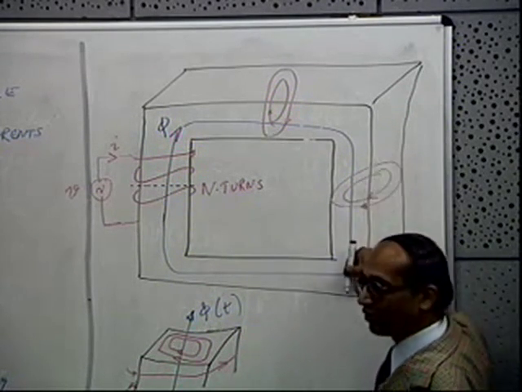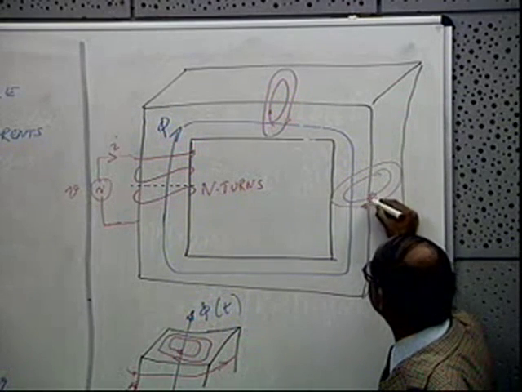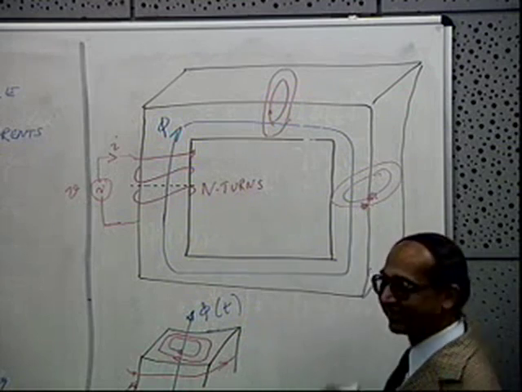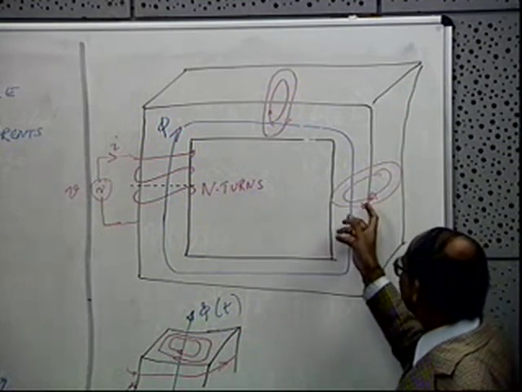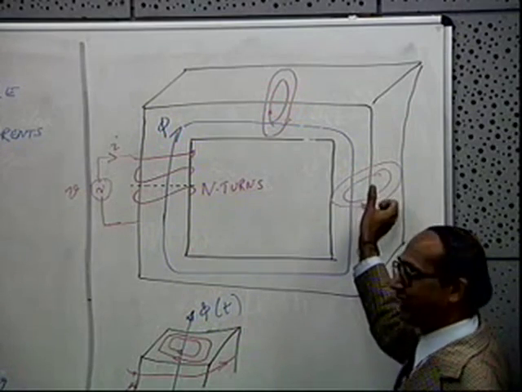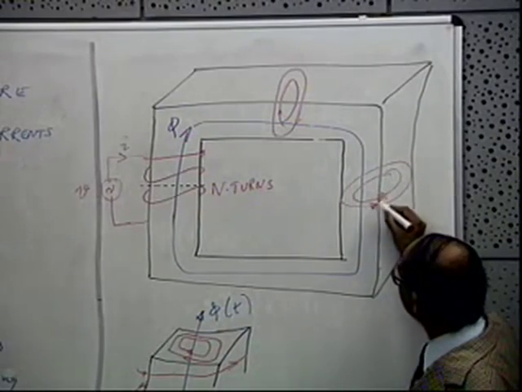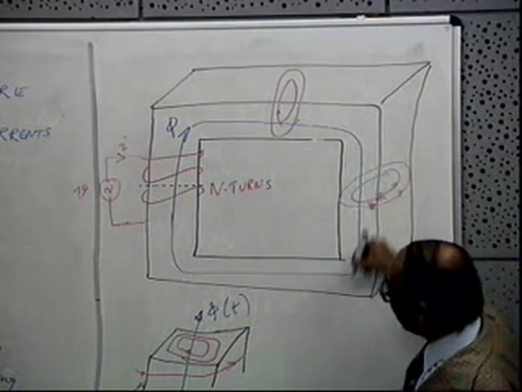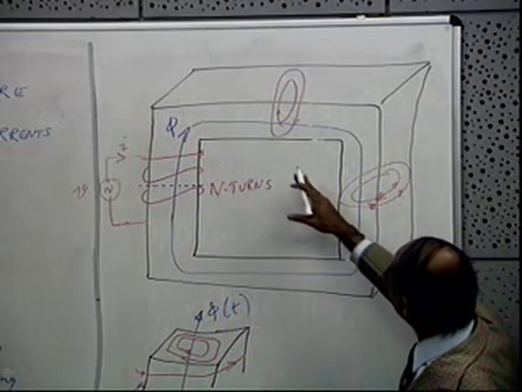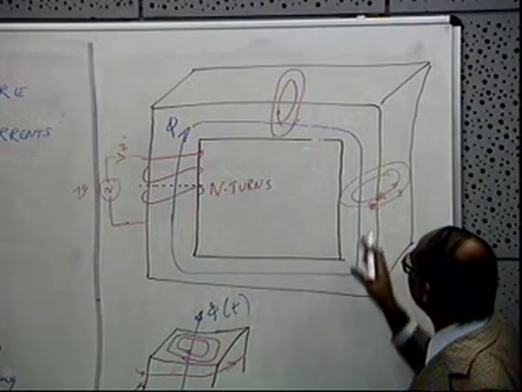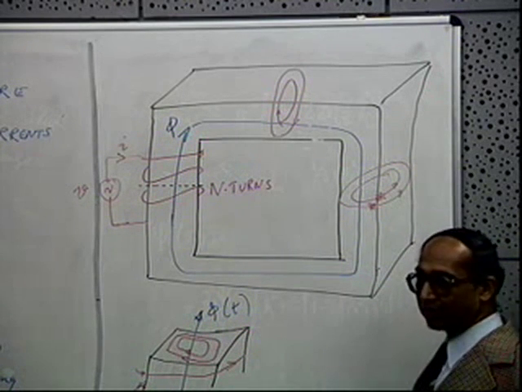Because the flux is going down, so it will be like this. Now, if it is going this way, so it is this way, because the flux is now going down. You will notice that it's almost the same sort of pattern you have to see.